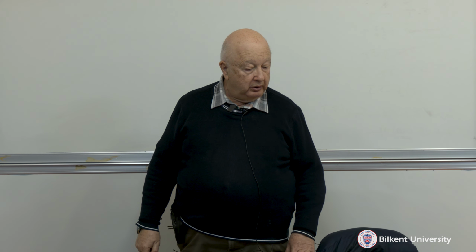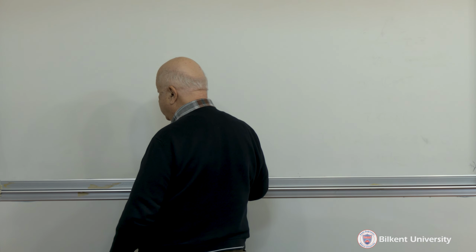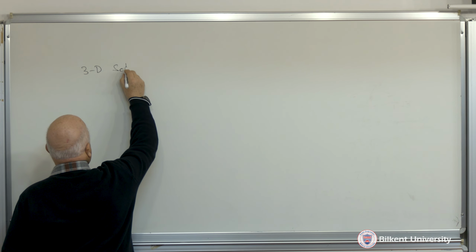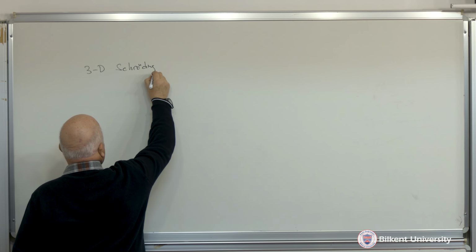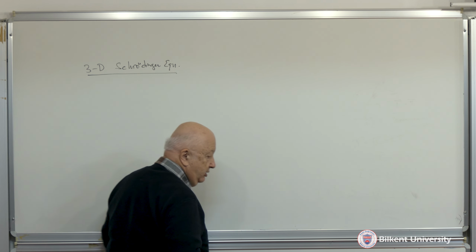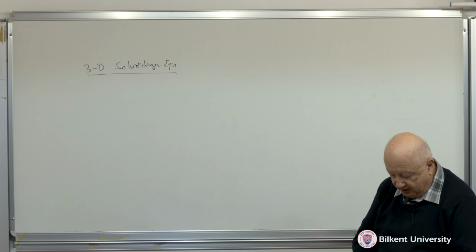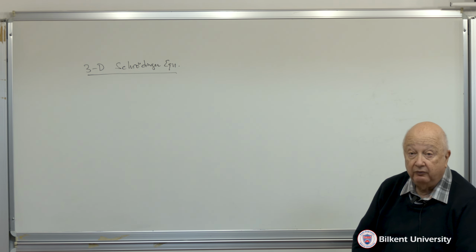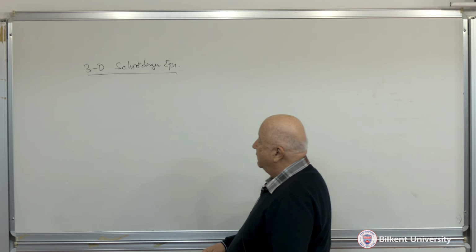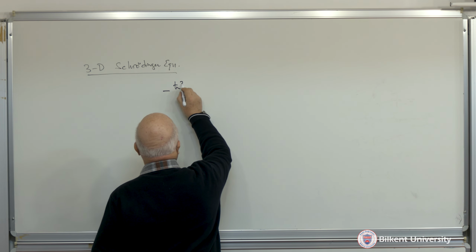And now what we'll have to do is go back to the three-dimensional Schrödinger equation solutions, and we came to a certain point in that discussion, but we never solved the radial equation. So we only looked at the angular part, which was related to the angular momentum.